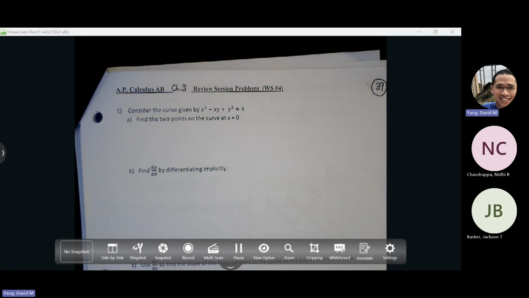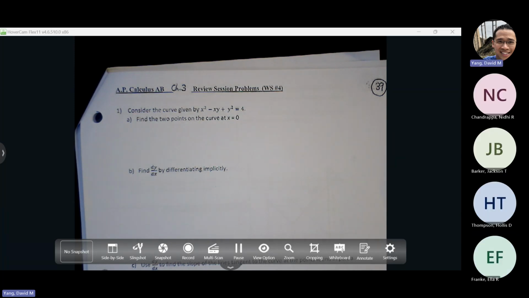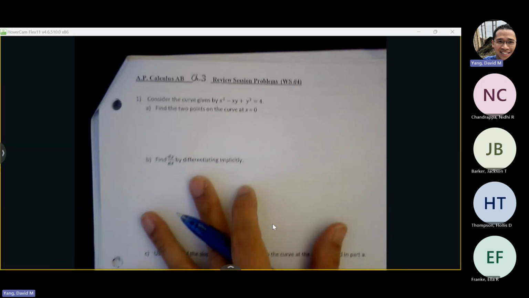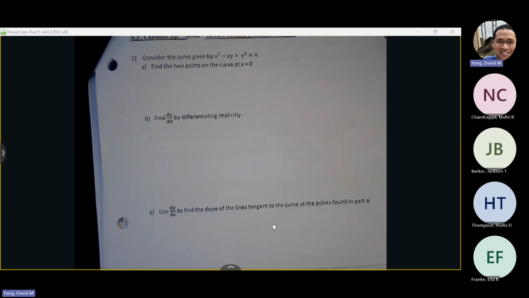Okay, let me start with number one. Number one says consider the curve given by x squared minus xy plus y squared equals 4.